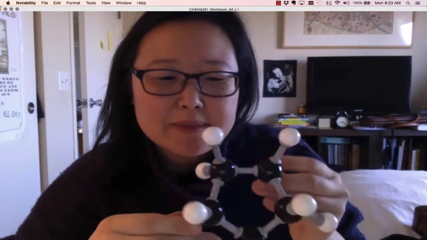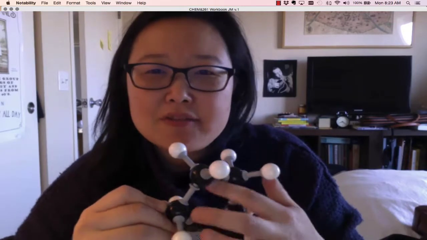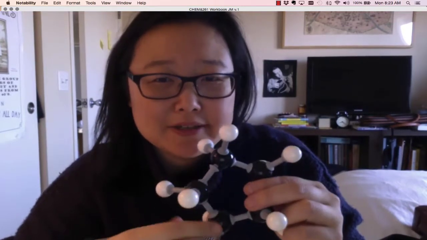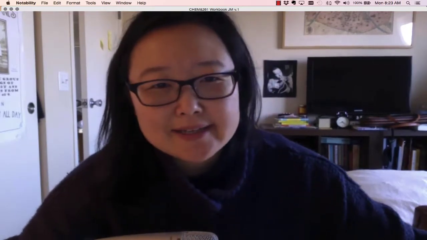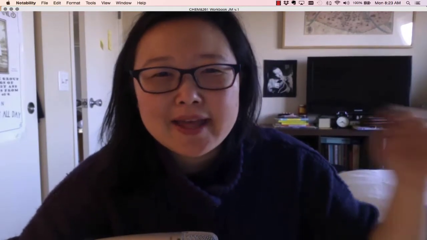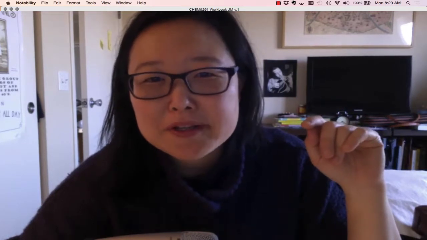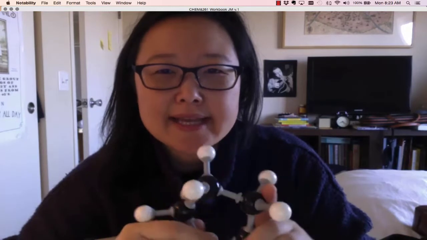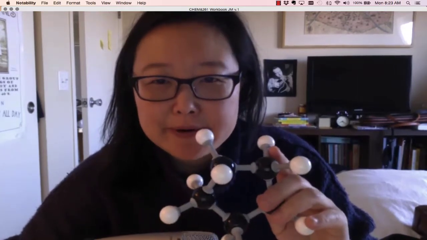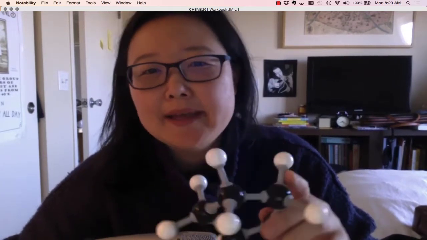Now we talked a little bit about that deviation from the ideal bond angle. If you look at cyclobutane again, 90 degrees, cyclopentane on paper looks like 108, and cyclohexane on paper looks like 120.